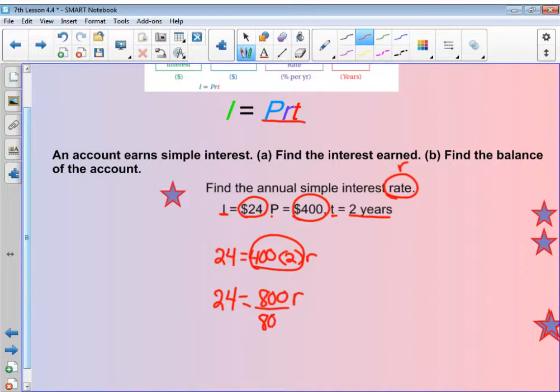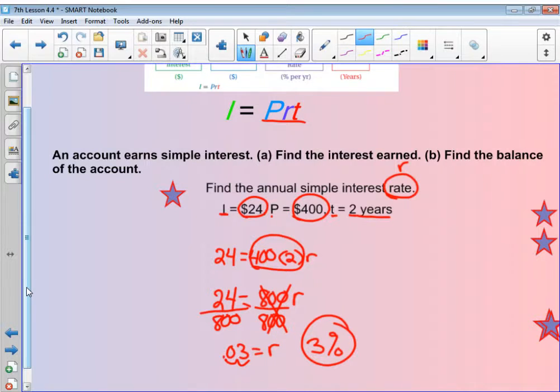So we're back to a one-step equation that you guys worked back in chapter 1. Now if we take 24 divided by 800, that gives us 0.03. Now remember, they want the percentage rate, so we're going to have to change this into its percent form. This would be 3%.